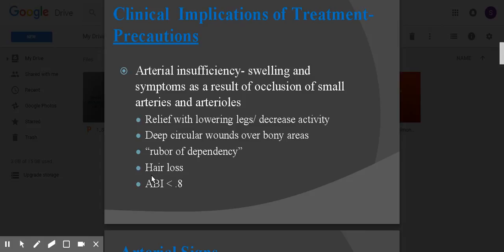Another classic symptom or sign of arterial insufficiency is hair loss. It is typically much more noticeable in men, but also noticeable in females if they've stopped routinely shaving their legs. Hair follicles are particularly sensitive to needing oxygenated blood supplying them for hair growth.